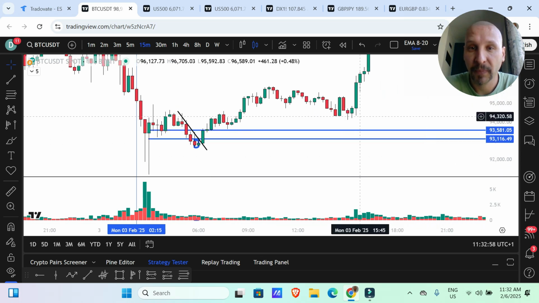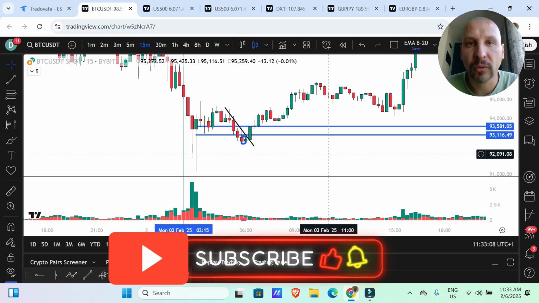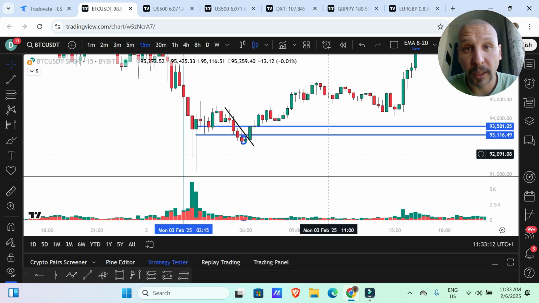Very nice to see how to get a perfect entry. And it's not always working like that, but it's just to help you find the buyers and sellers where they are hitting. And then you can set an alert. And when the price is coming to your area, you go to the chart, you pay close attention to enter the trade, and just follow the rules of buyers and sellers if they are present.